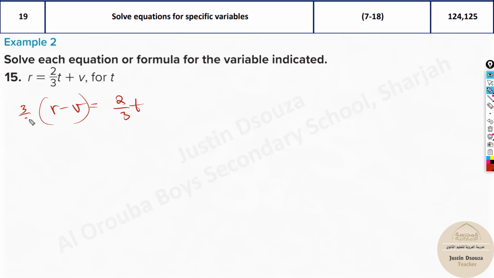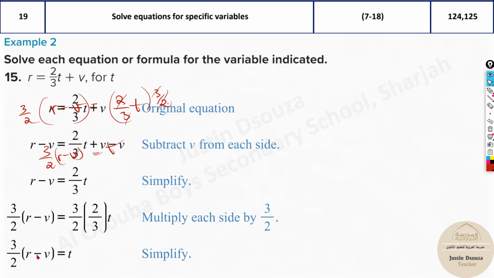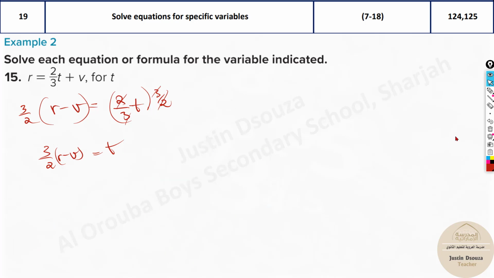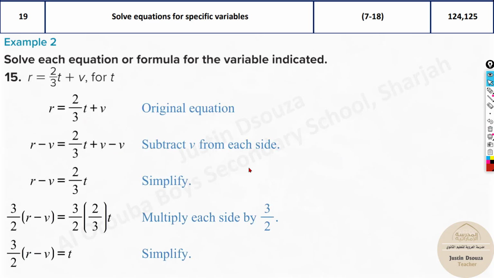Here it is 3 by 2 and over here also multiply 3 by 2. If I'm multiplying the same thing on both sides, it's balanced. Now here the 2 cancels, the 3 cancels. You will have 3 by 2 (r minus v) equals t. So this might be the answer, or let's see how it's written. Yeah, that's the answer. So this is very easy, isn't it?